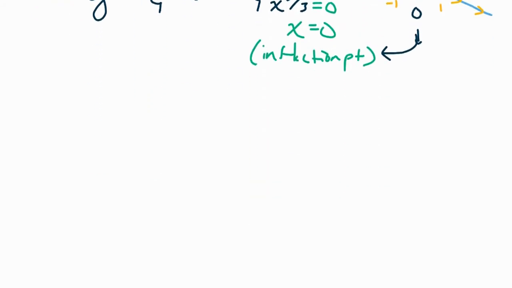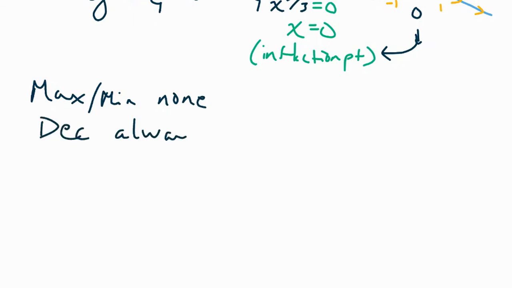Let's make our little list of answers just a little bit shorter. Max min, you can just say none. Decreasing, always. Increasing, never. We'll just leave that out. Inflection point, again, that's at 0.